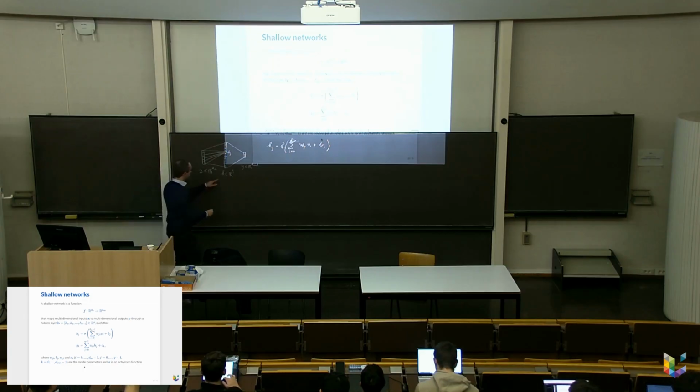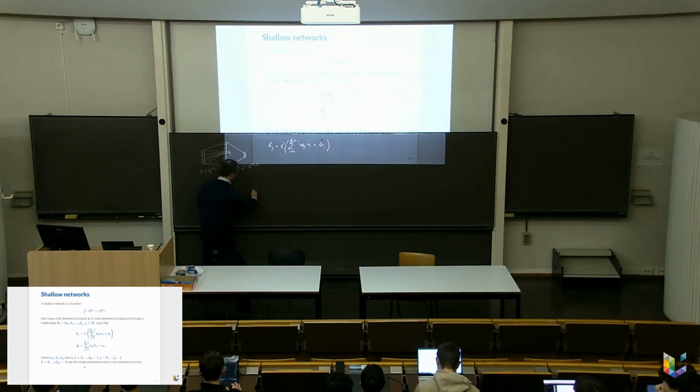So effectively, that means this vector H will be composed of a first hidden unit, H0, then a second, and so on, up to Q minus 1. Okay?